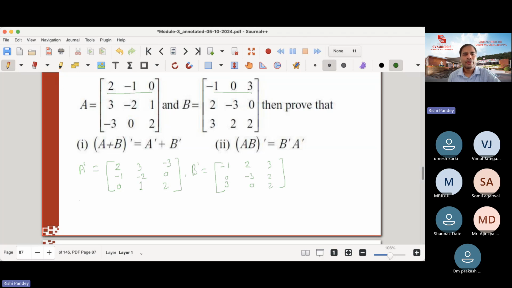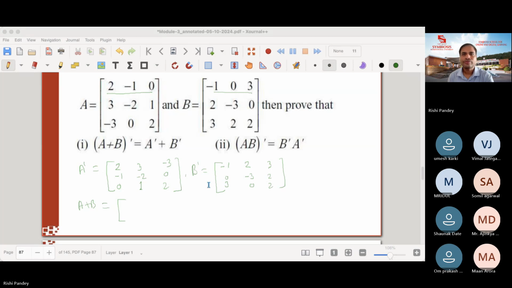Clear? So if I add A and B, what do I get after the addition? 2 minus 1. How much? Hello. 2 minus 1. Addition.